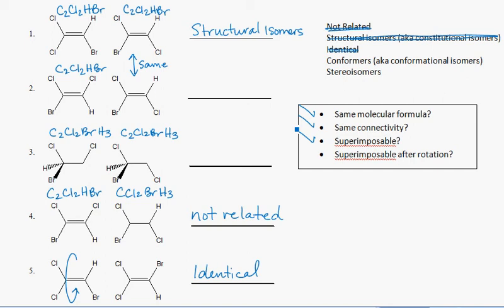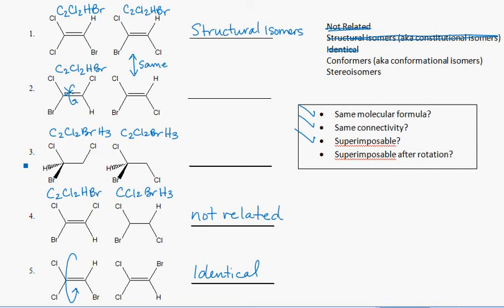The next question is in order to identify conformers. Conformers are identical molecules that are only different by rotation around single bonds. Remember that you cannot rotate around double bonds because you would break the bond. We only have two choices left. If we look at number 2, at first glance it looks like we could rotate around the middle bond to get the hydrogen and the chlorine to match up, but that's a double bond, so we cannot do that without breaking the bond.